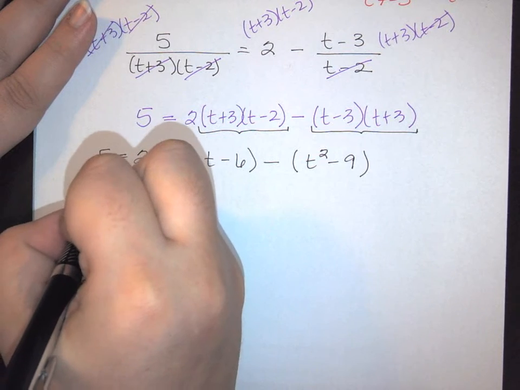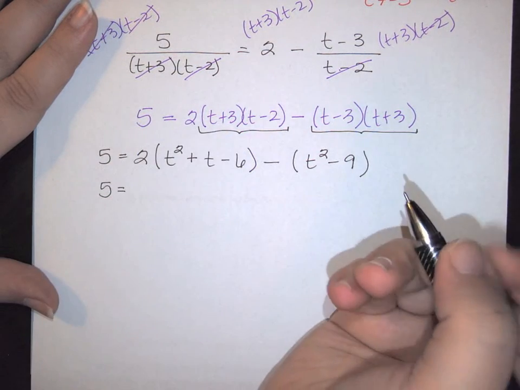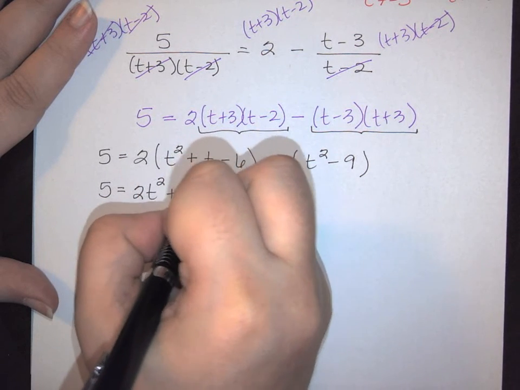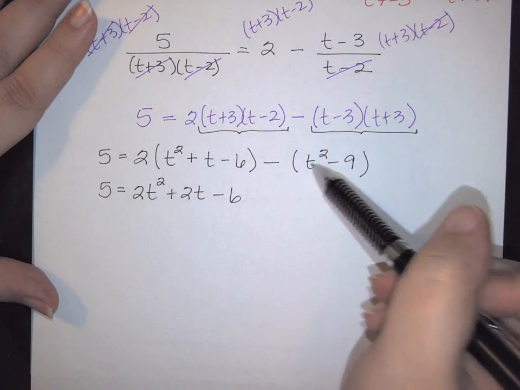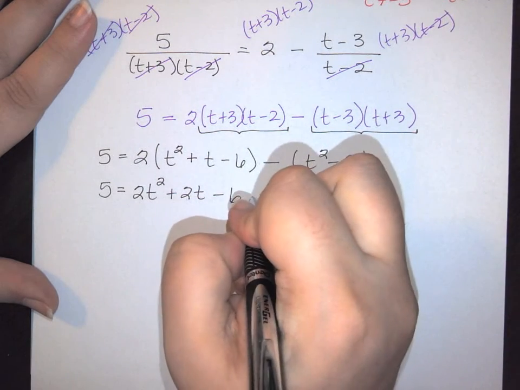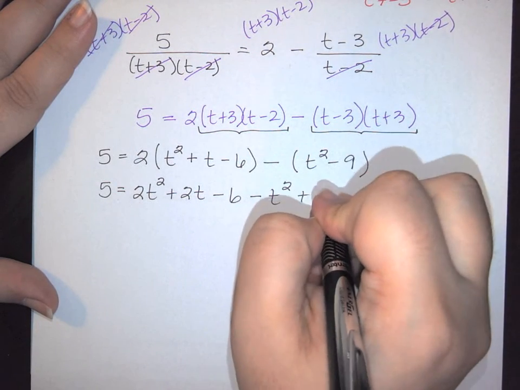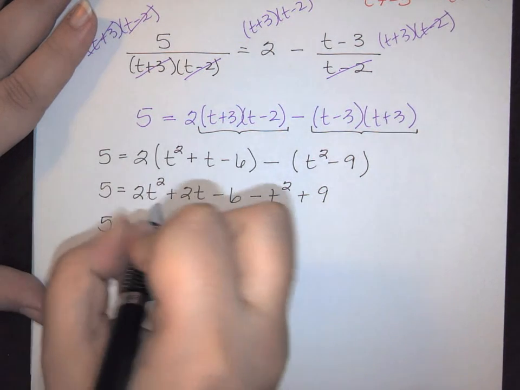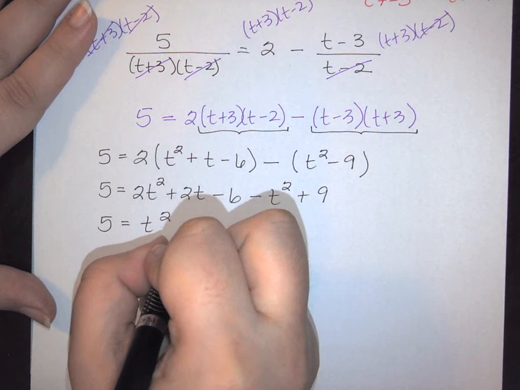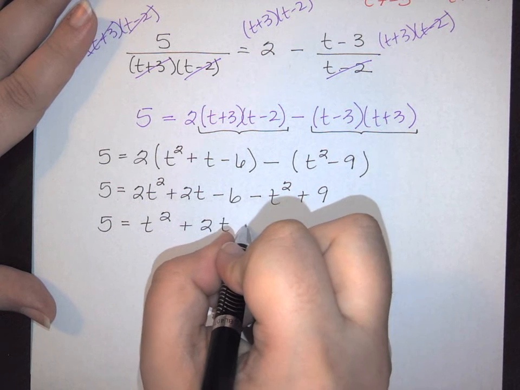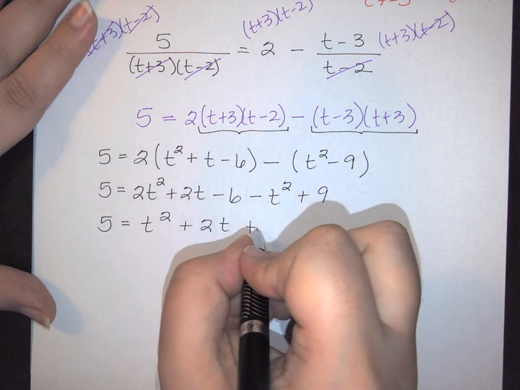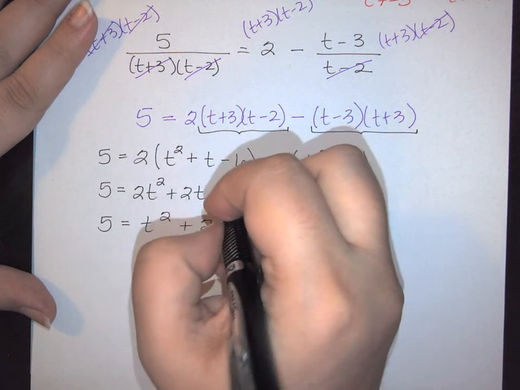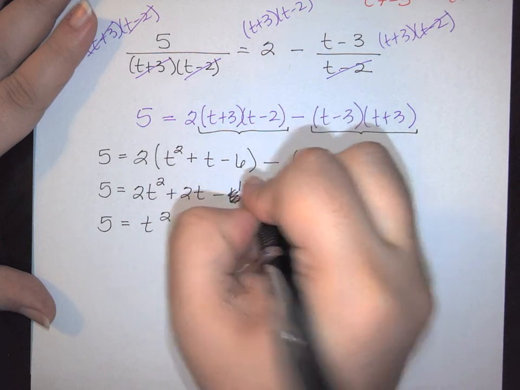Continue reducing. This is still 5 equals, but now we're going to distribute the 2. So we get 2t squared plus 2t minus 12, and now we need to distribute the negative. So this becomes minus t squared plus 9. Continue reducing. 5 is equal to t squared plus 2t, and then I have minus 12, 2 times 6.